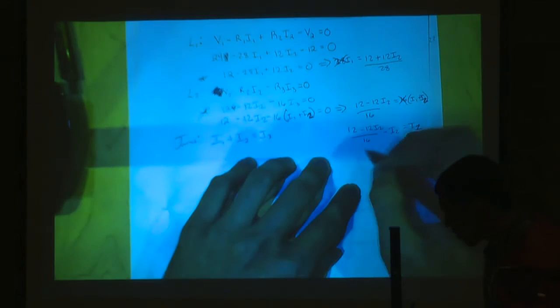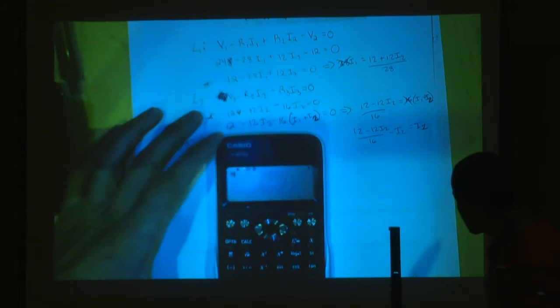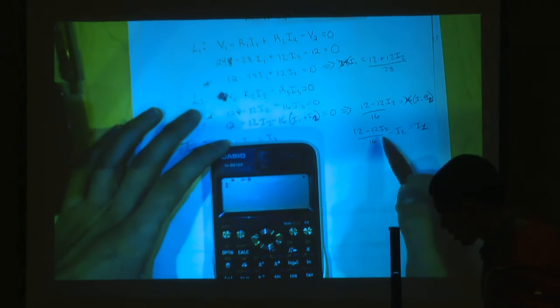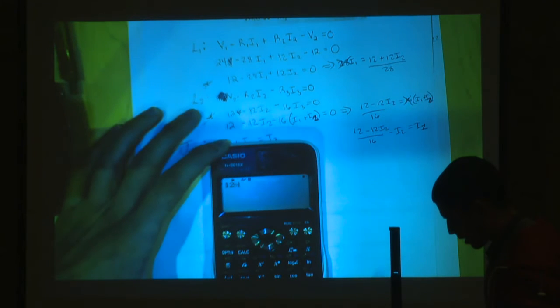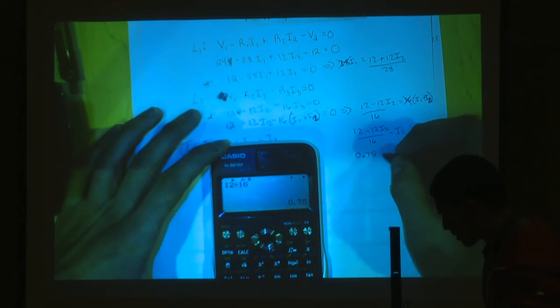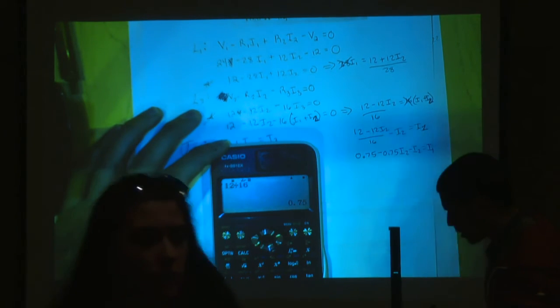Okay, and if we do 12 divided by 16, just to simplify this further, so we have the I2s together. We'll have 12 divided by 16, which is equal to 0.75, minus 12 divided by 16, which is also 0.75, I2, minus I2 equals I1.